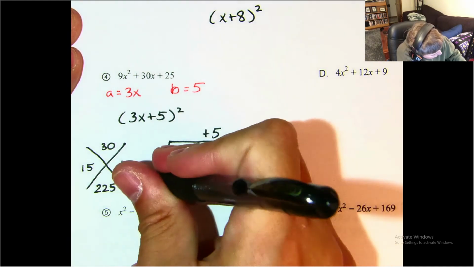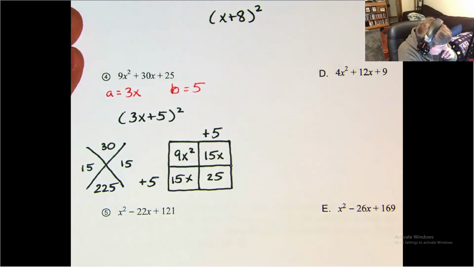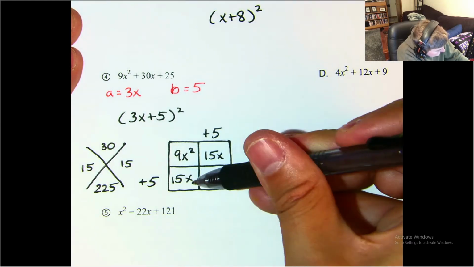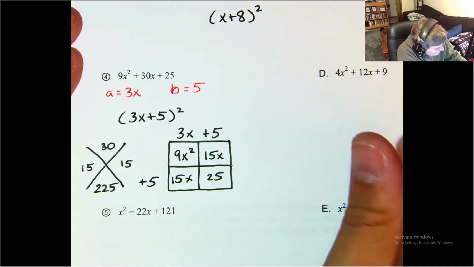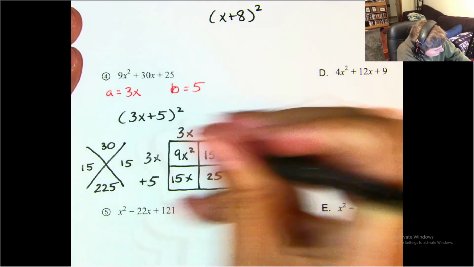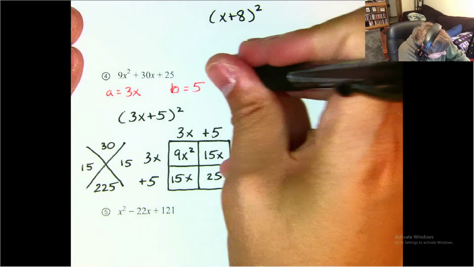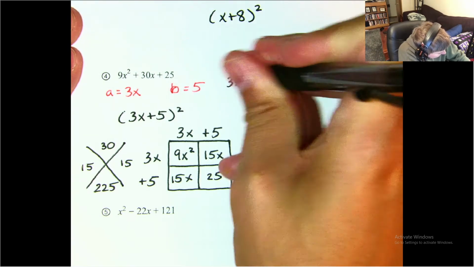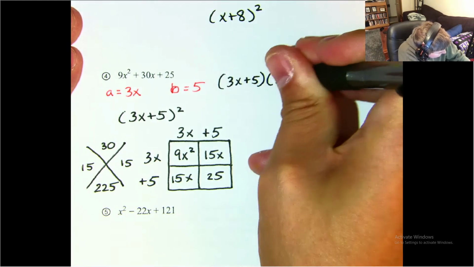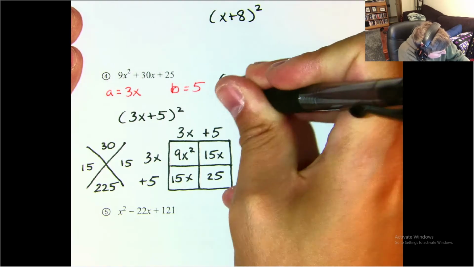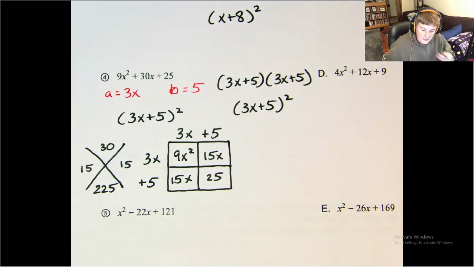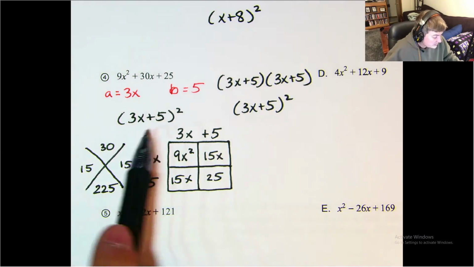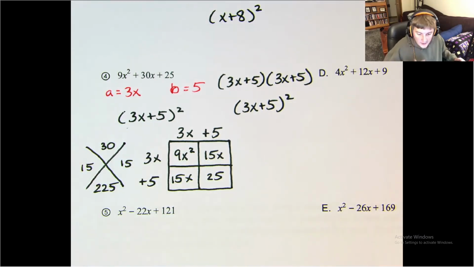The greatest common factor between 15x and 9x squared is 3x. So this is all going to factor into 3x plus 5 times 3x plus 5, which again will condense into 3x plus 5 squared. So all your previous methods of factoring will work. It's just that if you're able to identify the shortcut, that will work too.